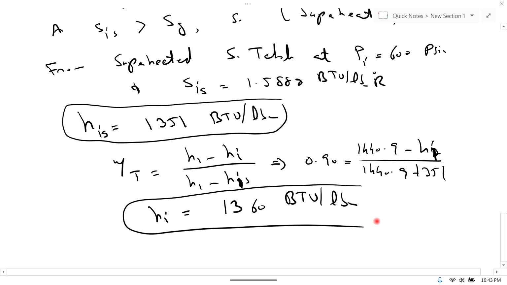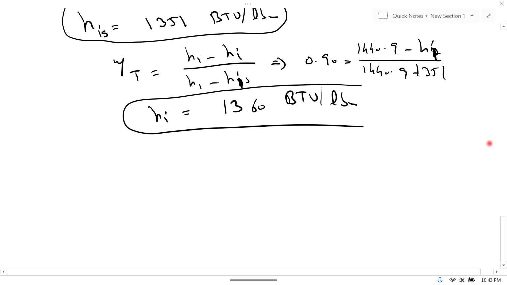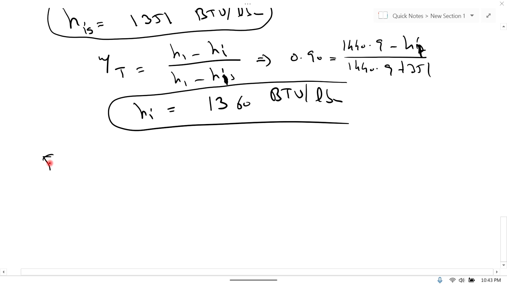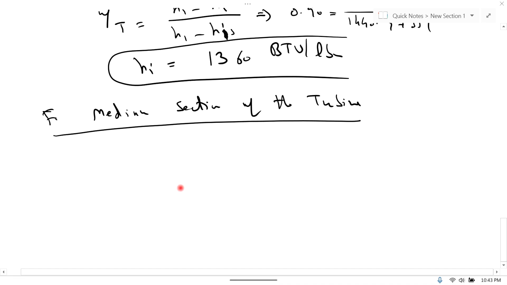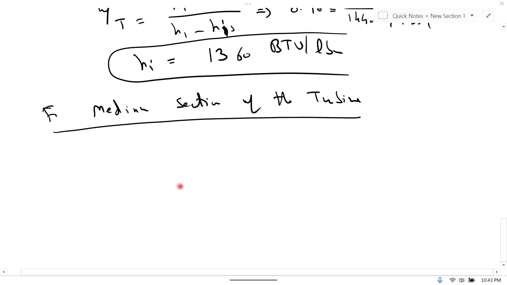Now we are finding the enthalpy at the medium pressure section of the turbine. For the medium section of the turbine, this is the second stage.